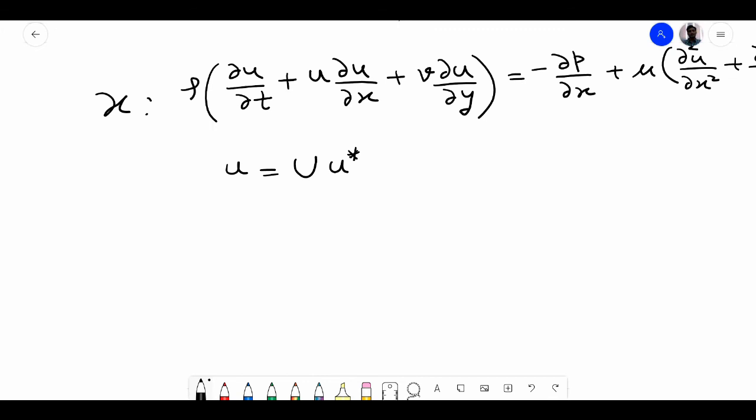U star is dimensionless velocity, and capital U is dimensional. It has dimensions same as small u. So that's why this equation is dimensionally consistent. Both the terms on the left and right have the same dimensions.